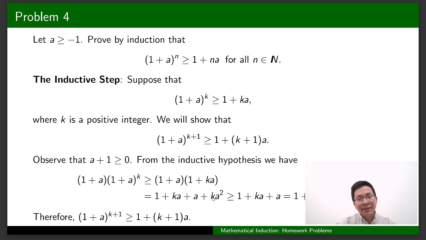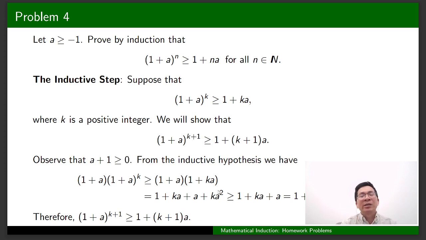Remember that k is 1, 2, 3, 4, 5, and so on. The square of a number, like a squared, is always greater than or equal to 0. That's the most important observation here. So this is something plus a non-negative number, a number that is greater than or equal to 0. Like if you have 7 apples, you add 2 apples, so you have 9 apples.